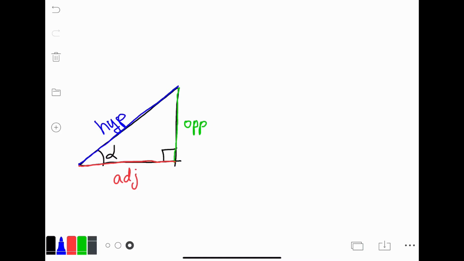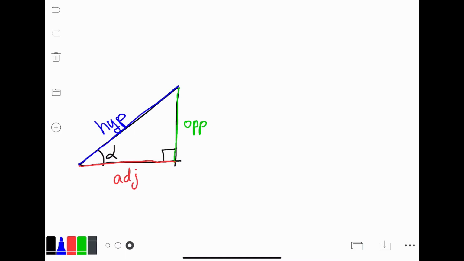So what we did before is we found the relationship between all angles of a right triangle, and we also talked about the relationship between all the sides of a right triangle. But what we want to do now is figure out the relationship between the angles and the sides of a right triangle.